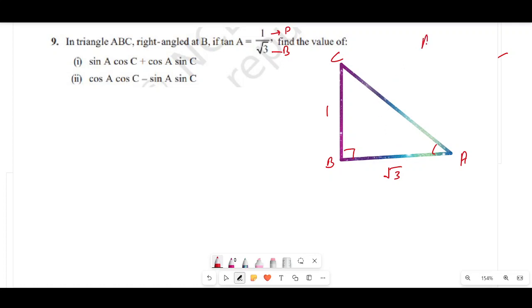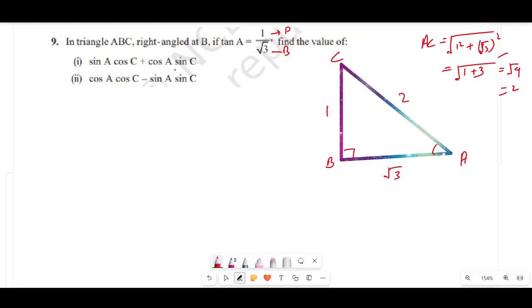For AC we can find out by squaring and adding: 1 square plus root 3 square, this will be 1 plus 3, that is 4, so root is 2. So here we will write 2. Now we are able to find out all the given problems.